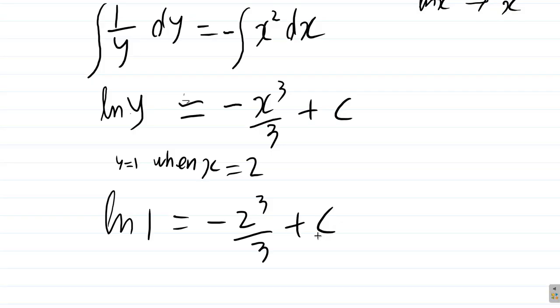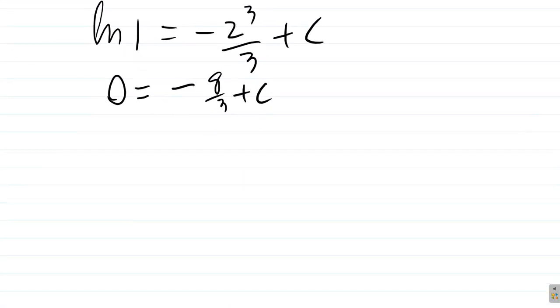But what is ln 1? ln 1 would be 0. So 0 is equal to negative 2 cubed, which is 8, over 3, plus c. So if you add 8 over 3 to both sides, you have c is equal to 8 over 3.